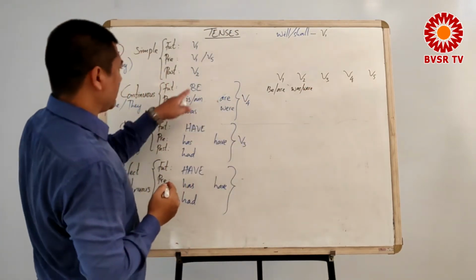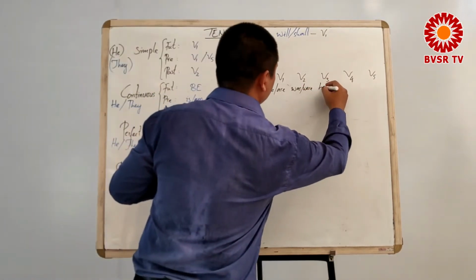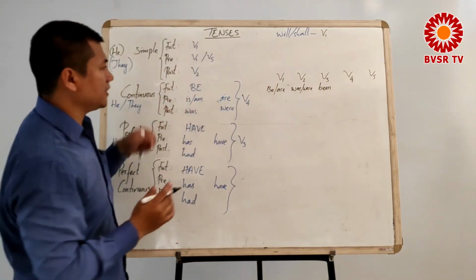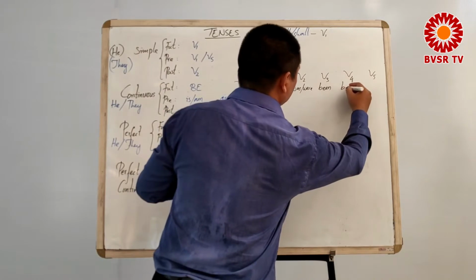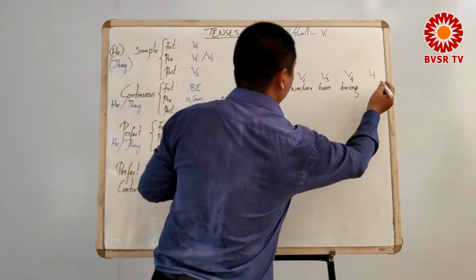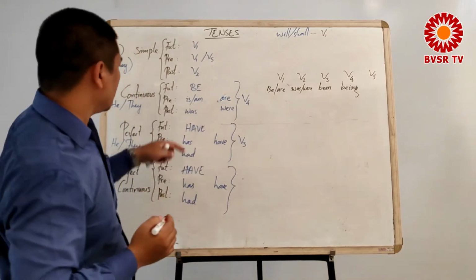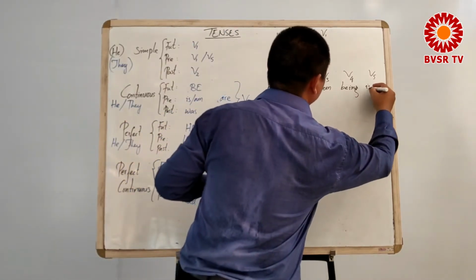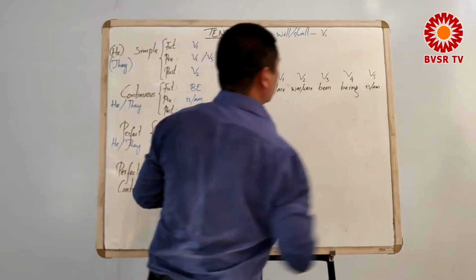And V3, as it is not here, I'm writing down, it is been. And V4 is also not here, but still we can understand that the ing form will be being. And V5, that is present and singular. What is the present and singular? Is or am. Is or am is the singular.